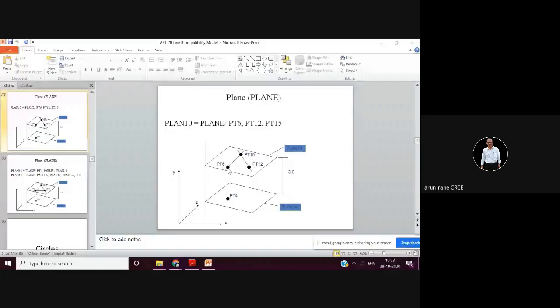All right, simple. So I have these 3 points. Now this plane number 10 is completely constrained, because through these 3 points only one plane can pass.